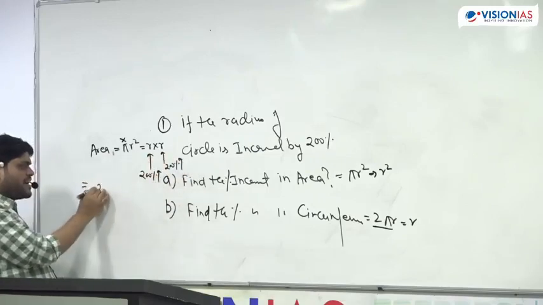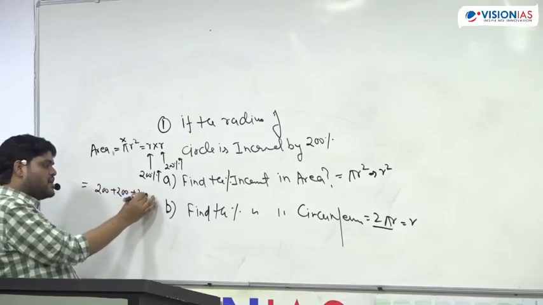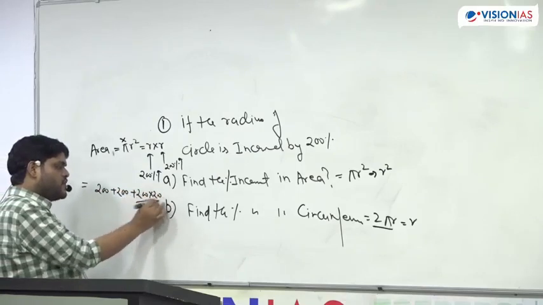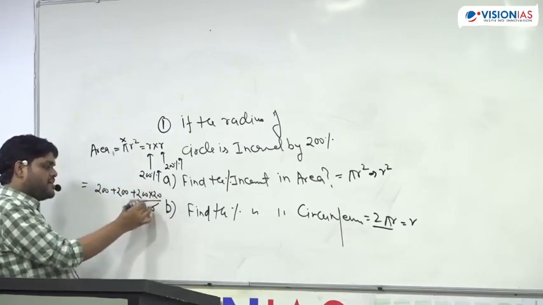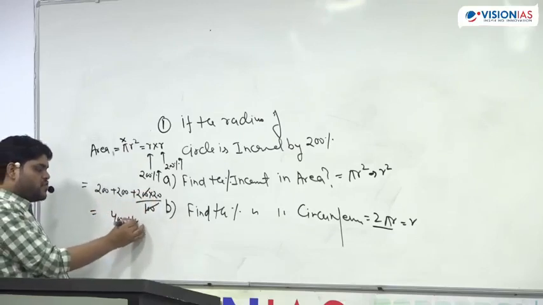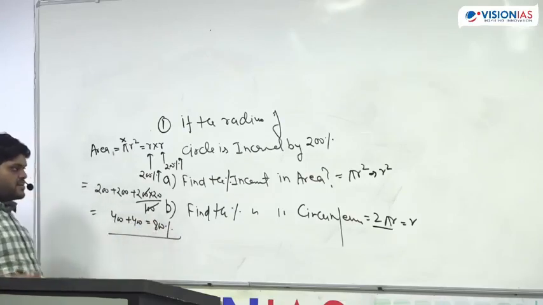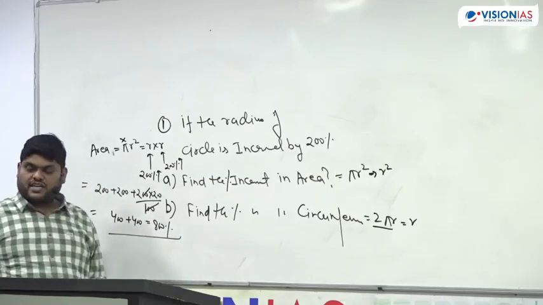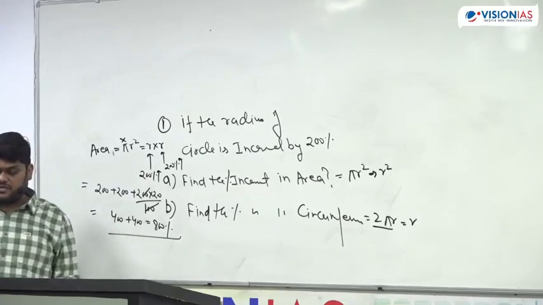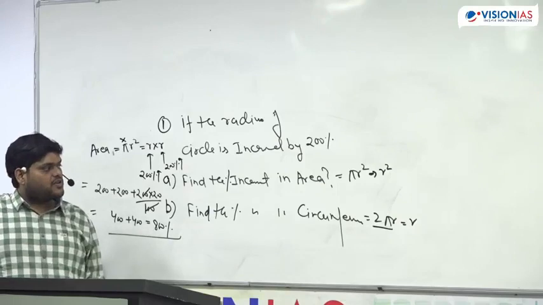So for the overall increment, apply the AB formula: 200 plus 200, plus 200 into 200 upon 100. So this becomes 400 plus 400, that means an overall increment of 800. So the answer of the first question is 800%.